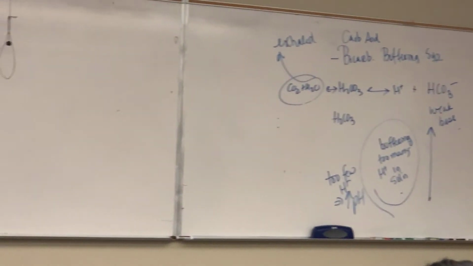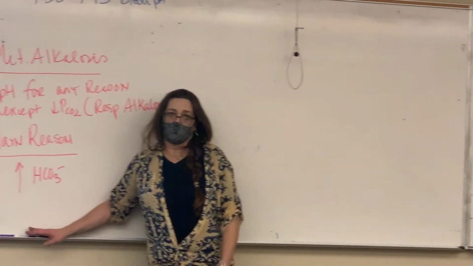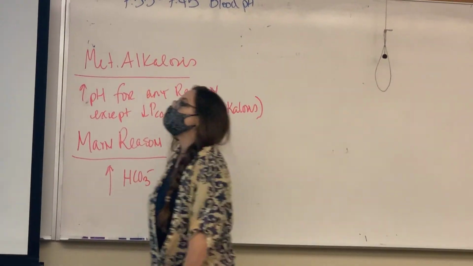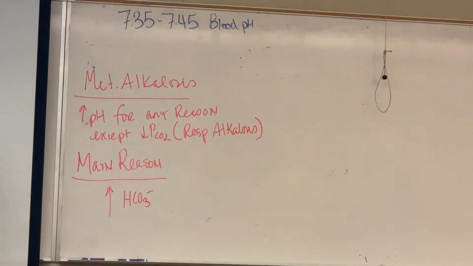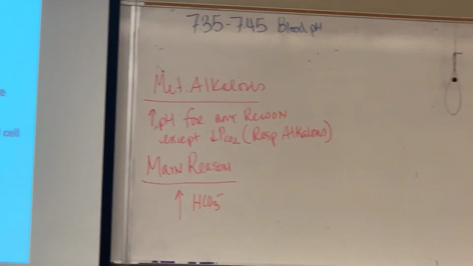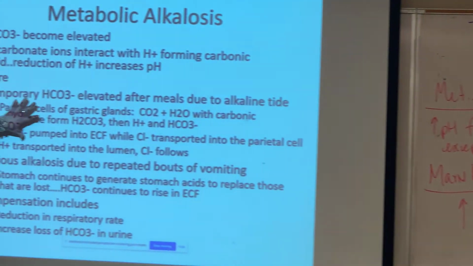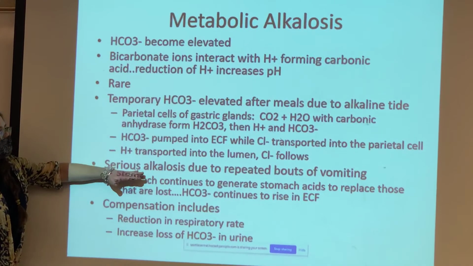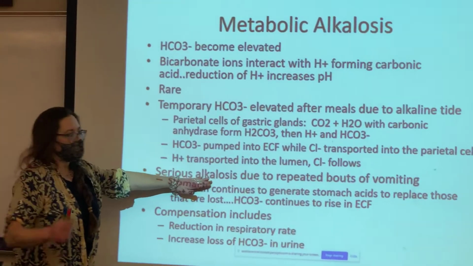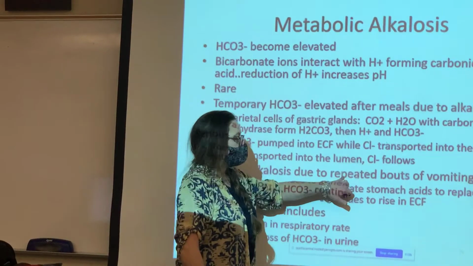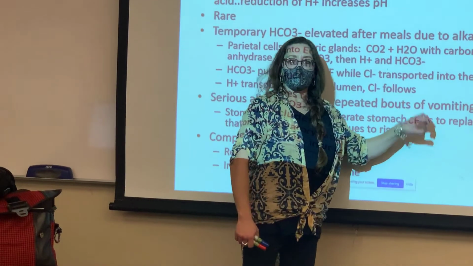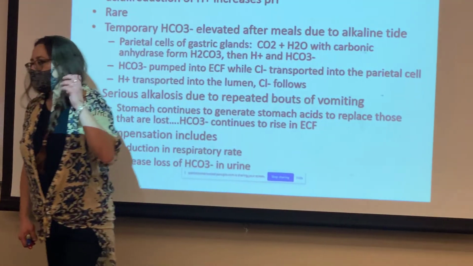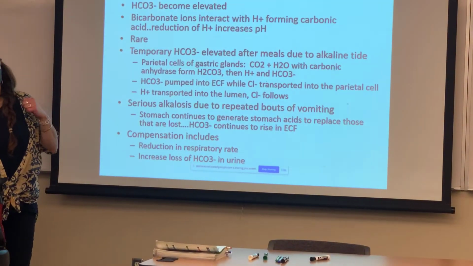Now we want to say, how do you get too much bicarb? It's actually hard to do for long periods of time. I'll come back to this temporary thing in just a second. Serious alkalosis is going to occur where people have repeated bouts of vomiting. So this is not saying, oh, I've got a little stomach bug.